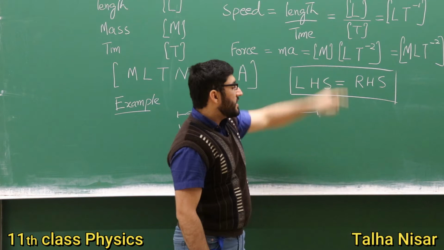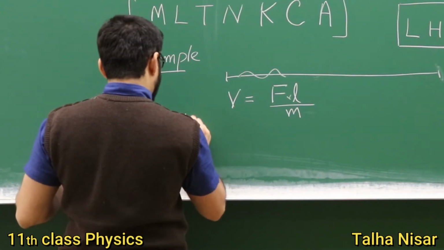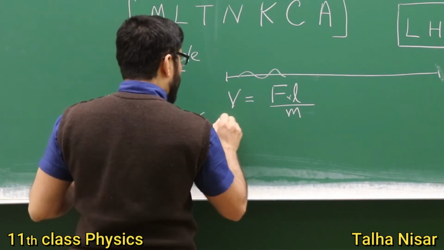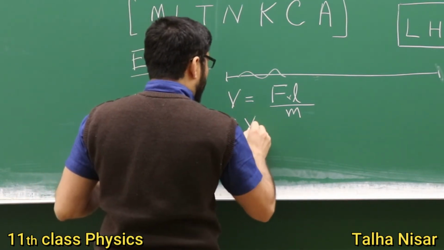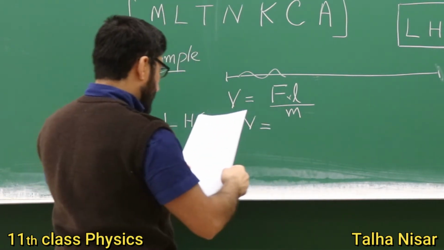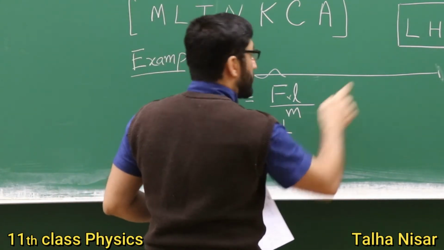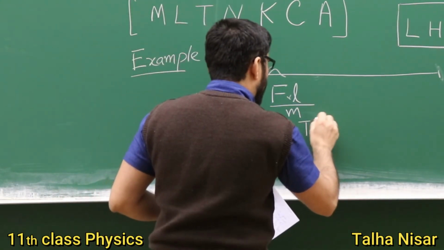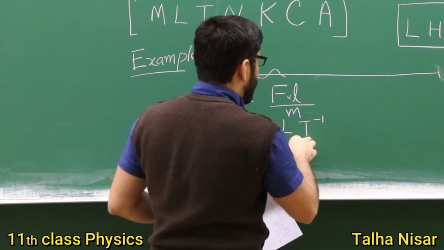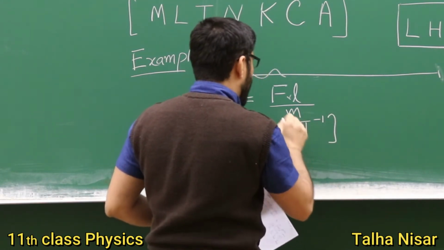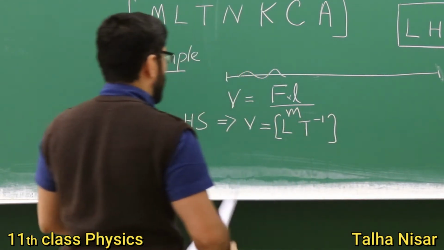First we write the left side of the equation, which is velocity, and we know that the dimensions of the velocity we just saw is length and then the time inverse, and then we put it in a bracket.